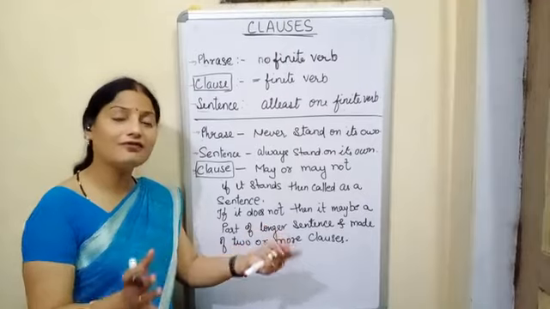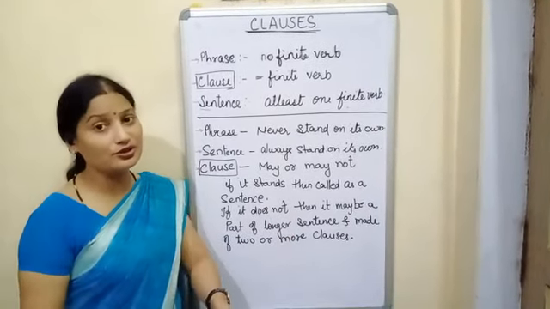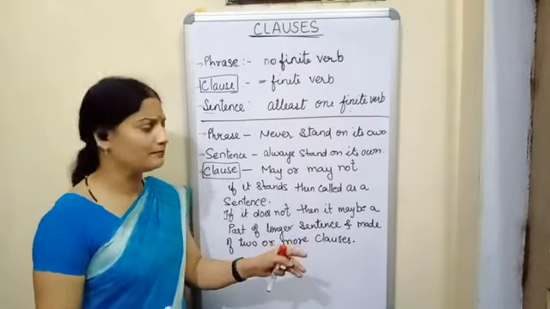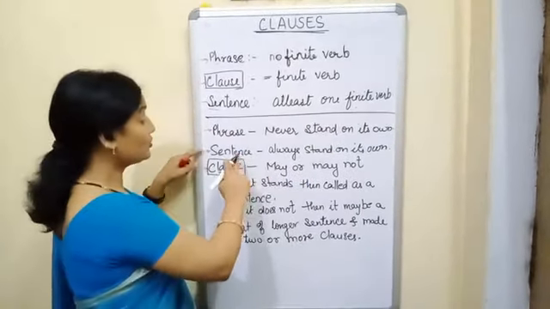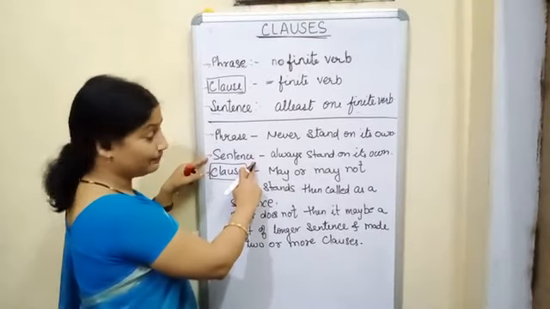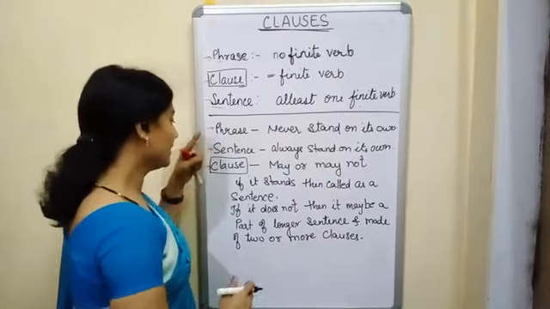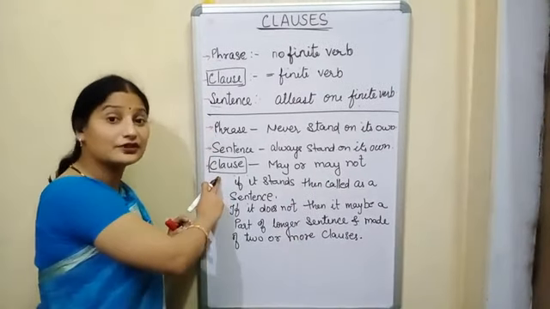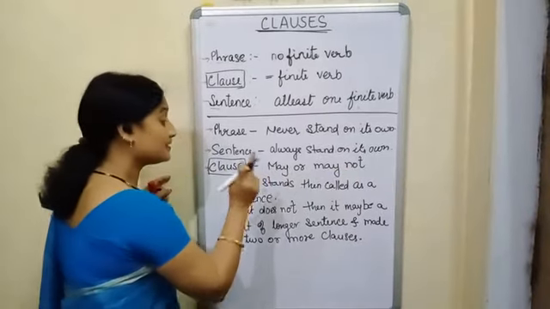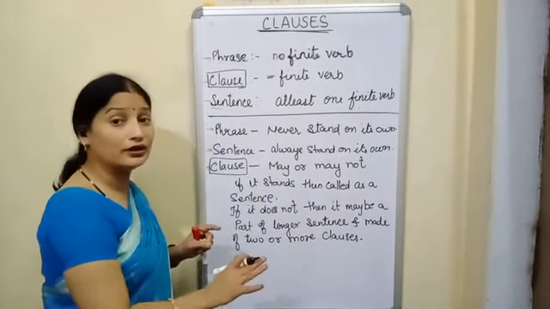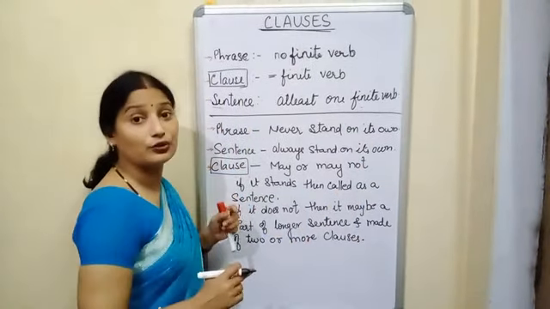It is making one complete sense because here the subject is there, the verb is there, the object is there, everything is here. So this makes one complete sense, so it is called a sentence. That is, it always stands on its own. Now see what happens in the case of clauses. It may or may not stand on its own. Clear? It may or may not stand on its own.